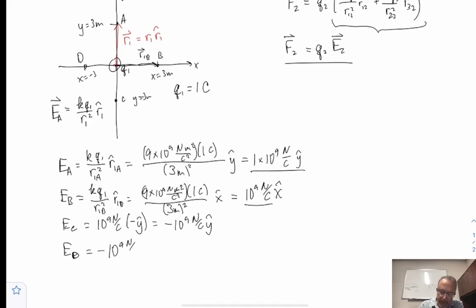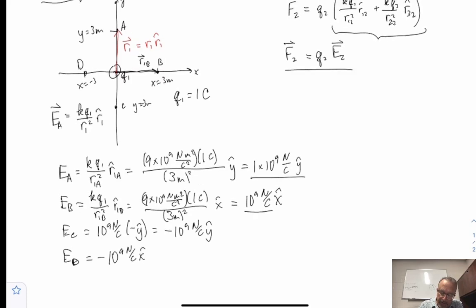In fact, anything on this circle, this 3 meter radius circle, if I picked a point right here, call that point E. The electric field at point E, and all these are vectors, I can put vector symbols over them, is going to be a magnitude of 10 to the 9 newtons per coulomb.